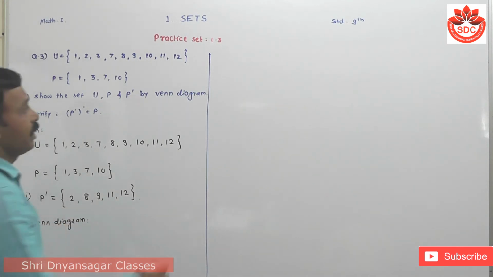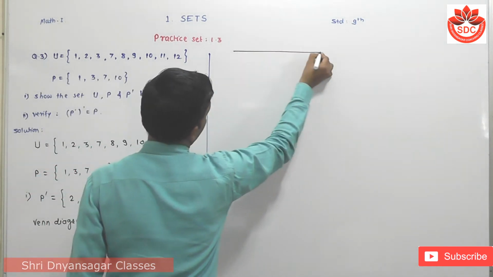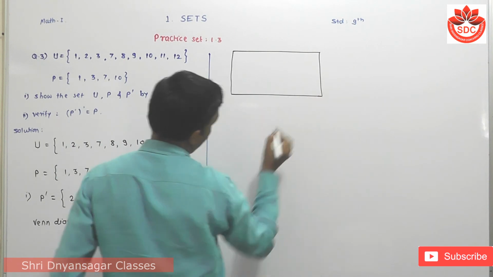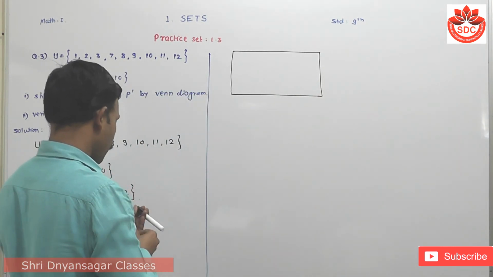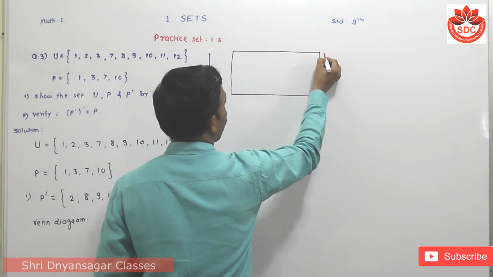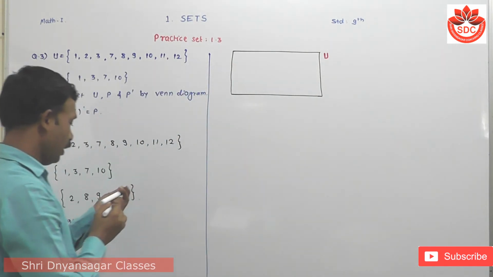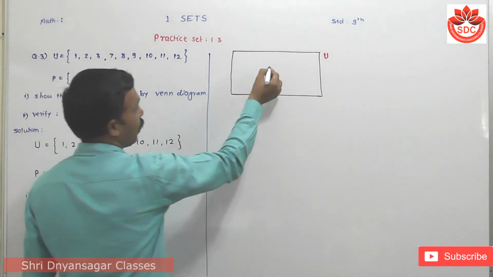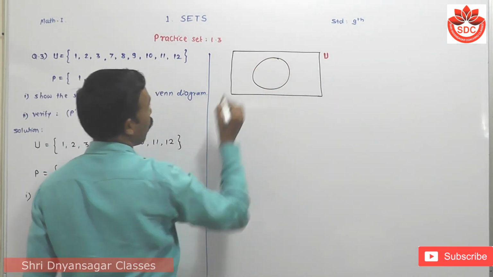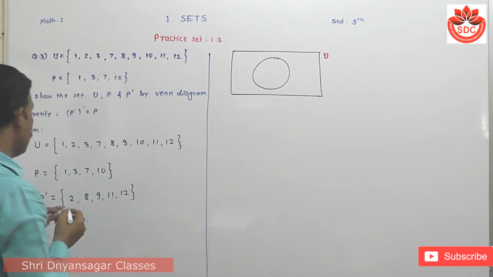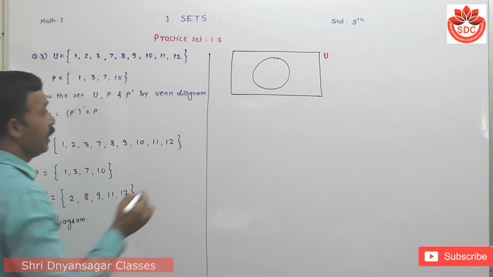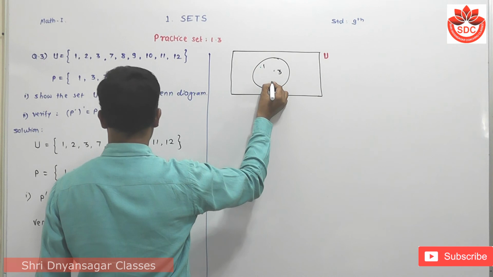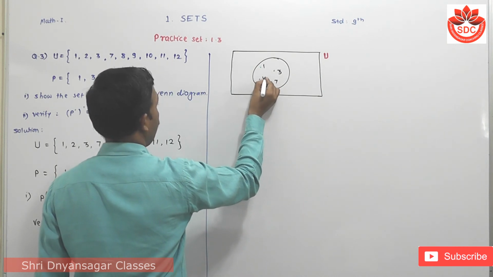Now for this I have to draw one rectangle. Suppose that this is our universal set U. Then we draw the set P here in a circle. Suppose this set P contains the elements 1, 3, 7 and 10. I will write here 1, 3, 7 and 10.